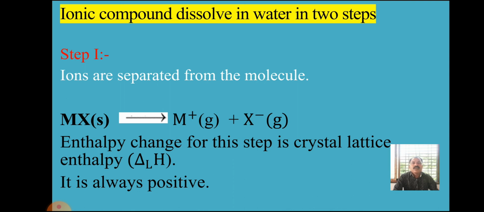It dissociates into cation and anion, both in gaseous state, that is M positive and X negative ions. The enthalpy change for this step is the crystal lattice enthalpy. Crystal lattice enthalpy is denoted by delta L capital H. The crystal lattice enthalpy is always positive.